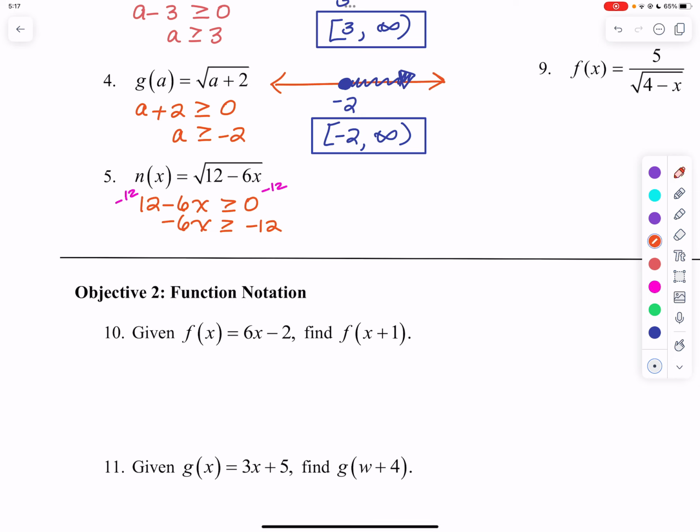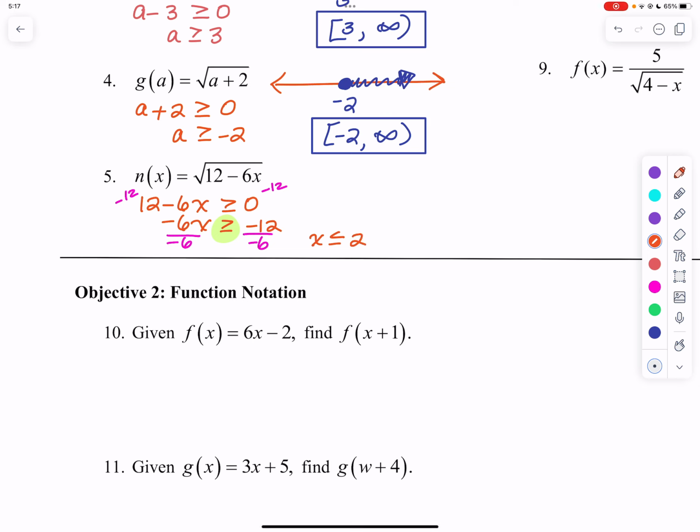And then I'm going to divide both sides by negative 6. Keep in mind that we will have to reverse our sign. And so we end up with x is less than or equal to 2.